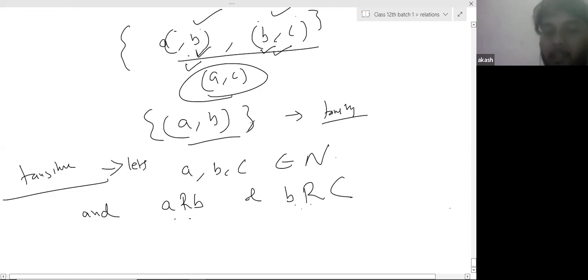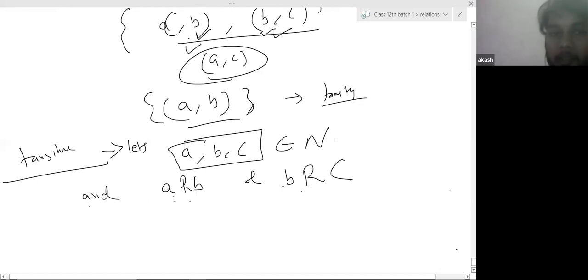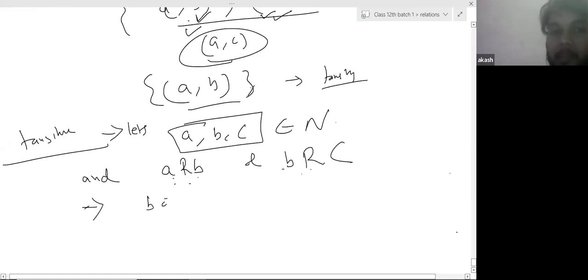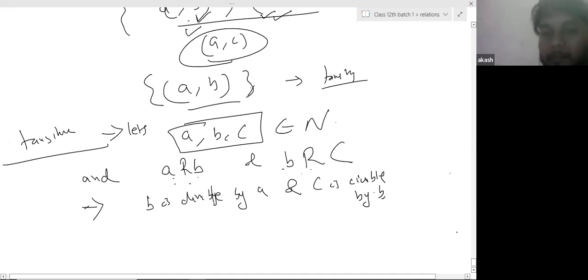Now suppose we have three elements, where A is related to B and B is related to C. Here this means that B is divisible by A, and here this means C is divisible by B. Is it not? Yes, sir.